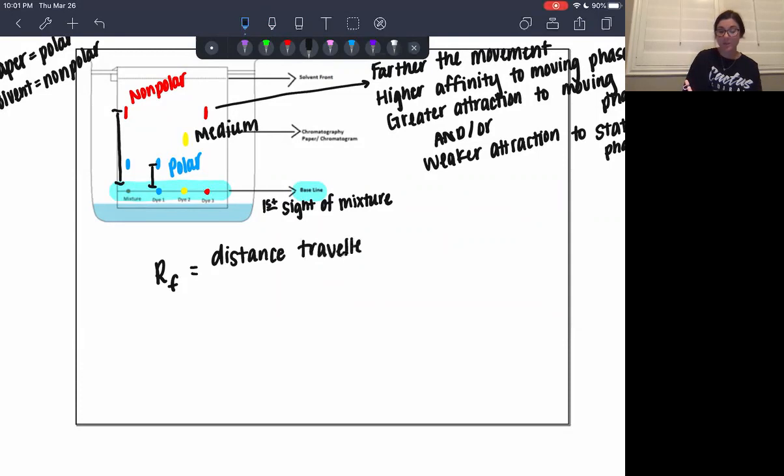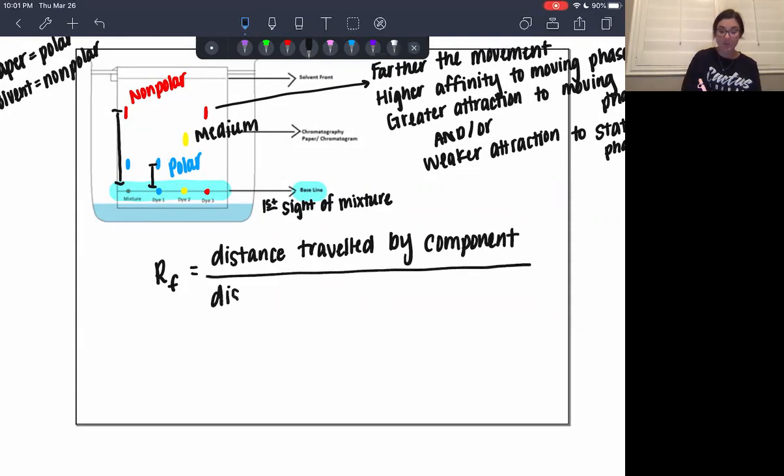So in this image, it would be the distance traveled by one of the dyes, dye 1, dye 2, or dye 3. And we would compare it to the distance traveled by the whole solution. So it's just a part per whole. It's a fraction.